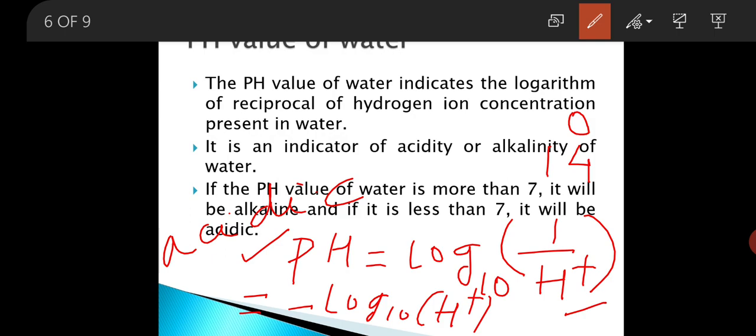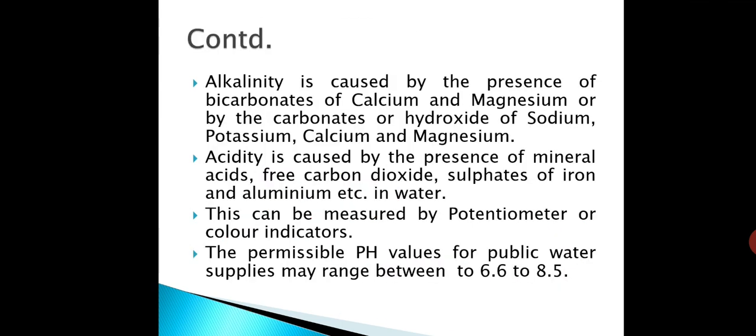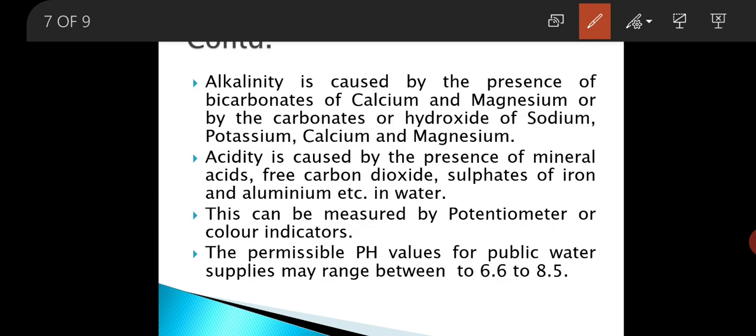This alkalinity generally is caused by the presence of bicarbonates of calcium and magnesium, or due to the presence of carbonates and hydroxides of sodium, potassium, calcium and magnesium. And this acidity is caused by the presence of mineral acid, free carbon dioxide and sulfates of iron and aluminum, etc.